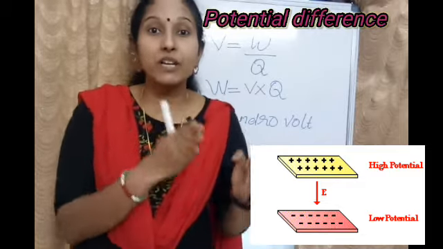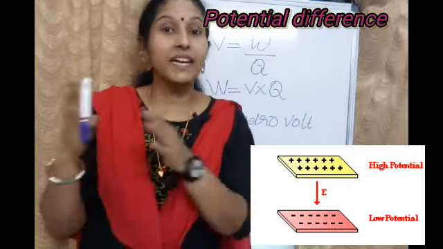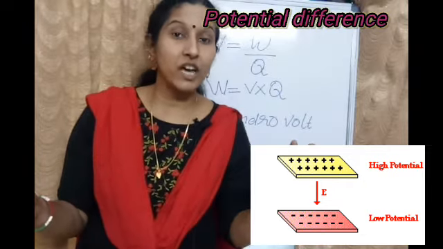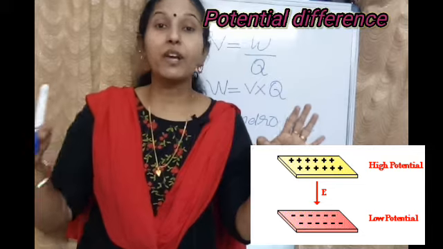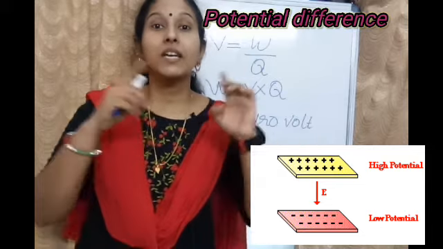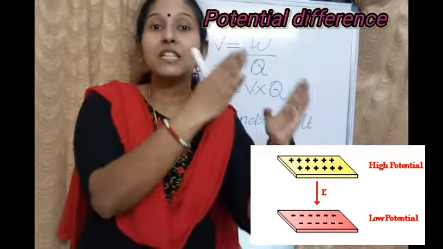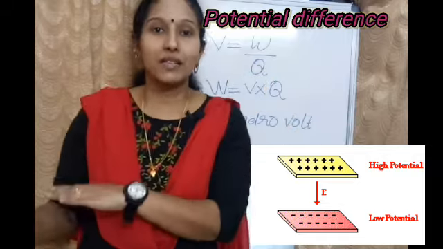The positive terminal contains more charges, so more pressure, and the negative terminal has less pressure. This is the difference in pressure, and it moves the charges from one terminal to the other.